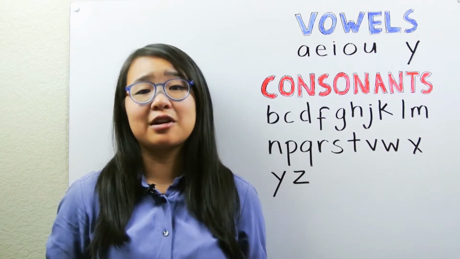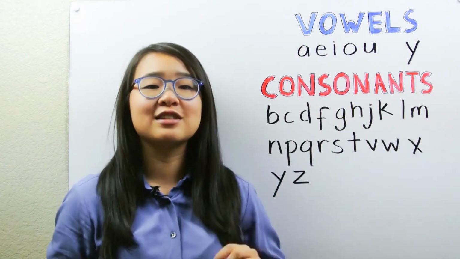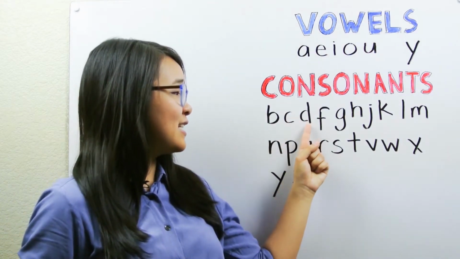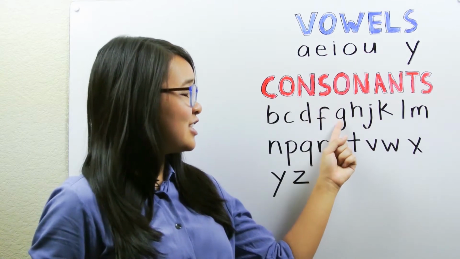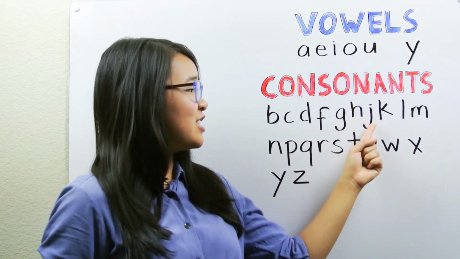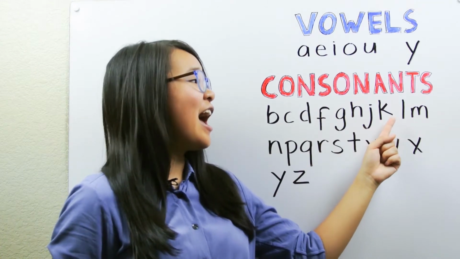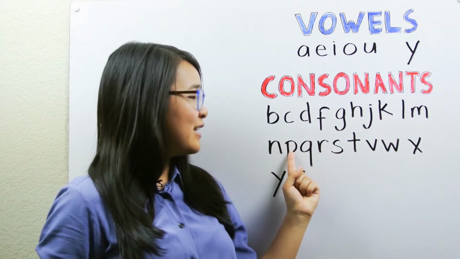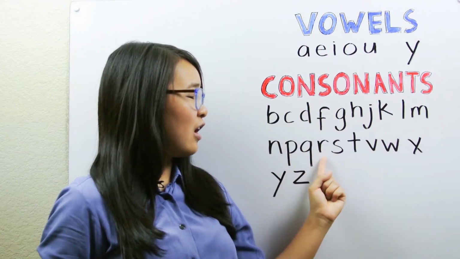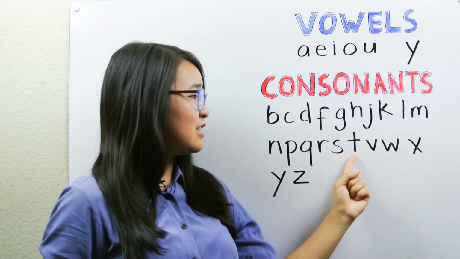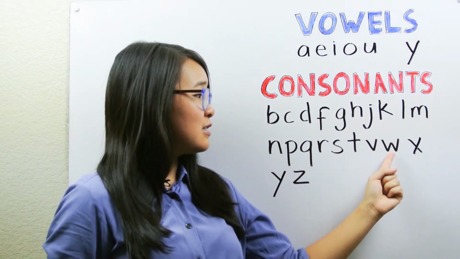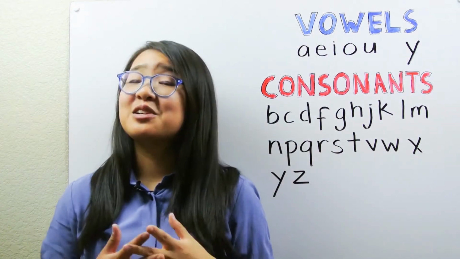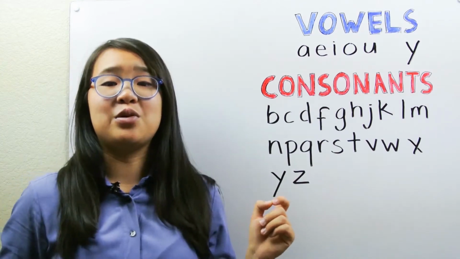The rest of these letters are called consonants. They are B, C, D, F, G, H, J, K, L, M, N, P, Q, R, S, T, V, W, X, Y, Z. Notice that Y is also a consonant.